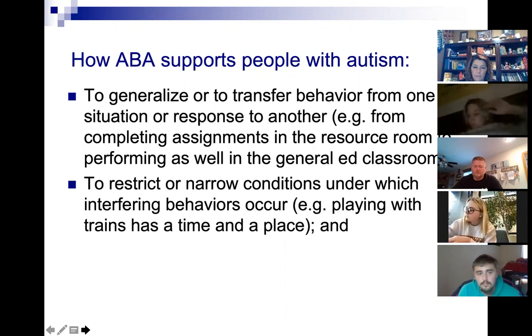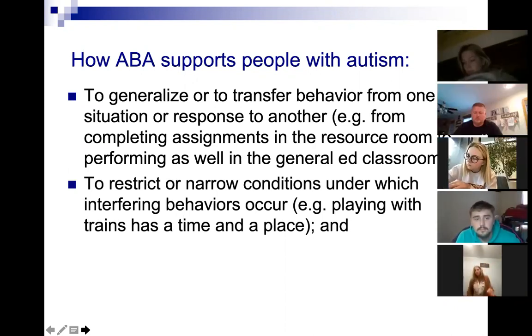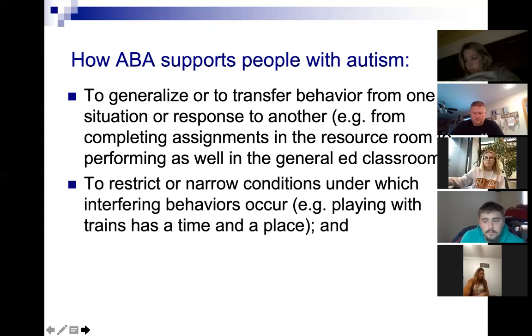It's really great if you need to teach kids when, where, and how a particular behavior can occur. For example, if they have a fascination, let's say with Rubik's Cubes, and that's all they want to do, you could use ABA methodology to say, nope, Rubik's Cubes are available at 10 o'clock and 1:30 in the resource room.